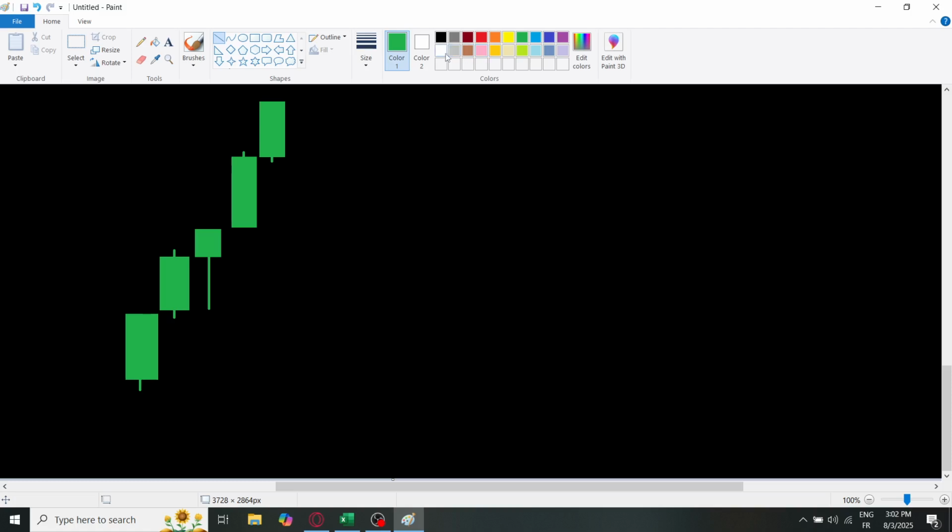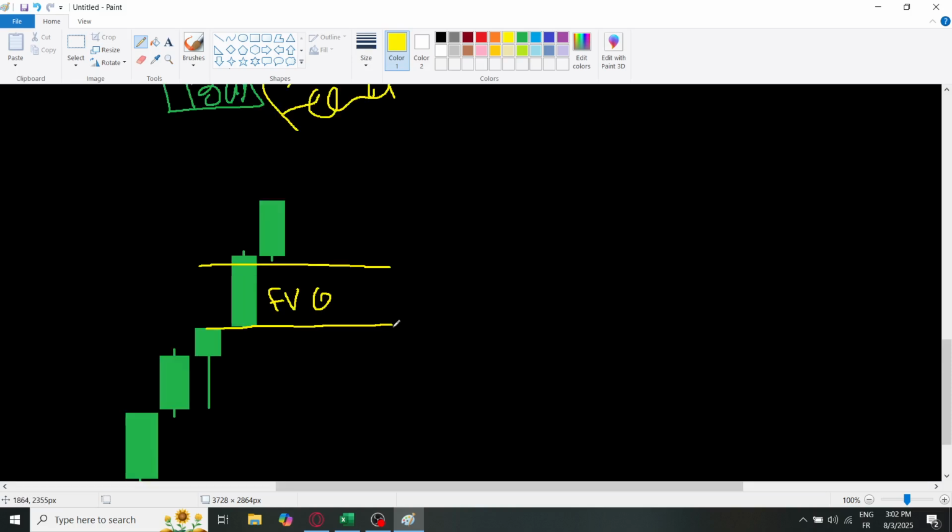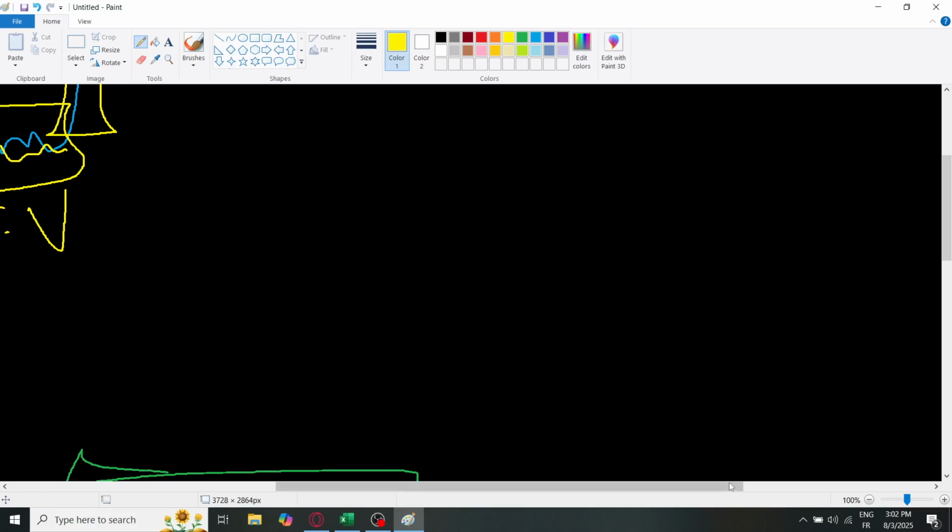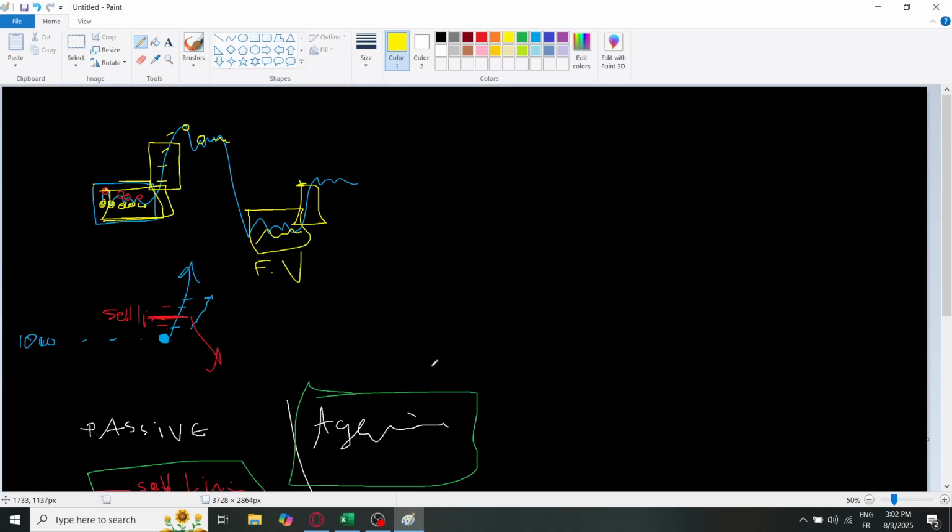A normal person who learned, let's say, ICT will tell me, oh, there is a fair value gap over here, which is wrong. The fair value gap is this thing that we explained over here. Unfair value is the same as fair value gap, which means the trend.